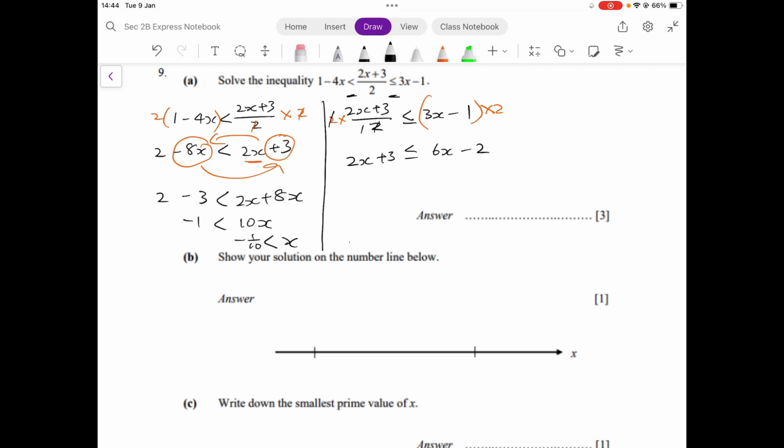Right, then from here, because this is the bigger x term, bring this over, bring this to the other side. You should get 2 plus 3, 6x minus 2x. Right, so you will get 5 more than less than 4x, and then your answer should be x more than 5/4.